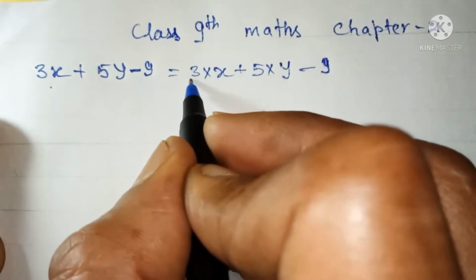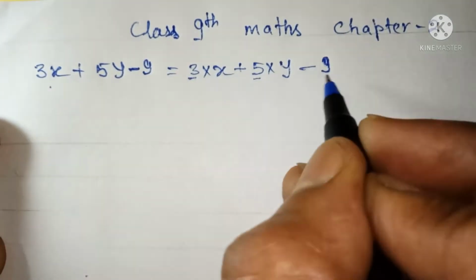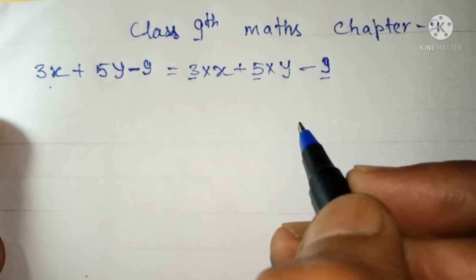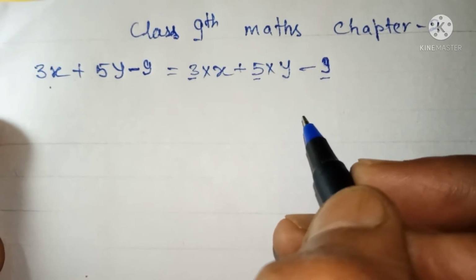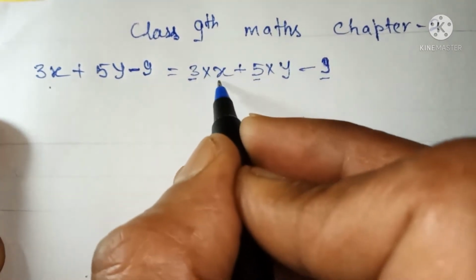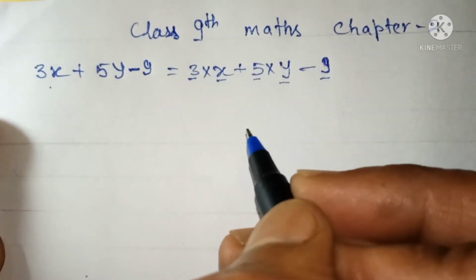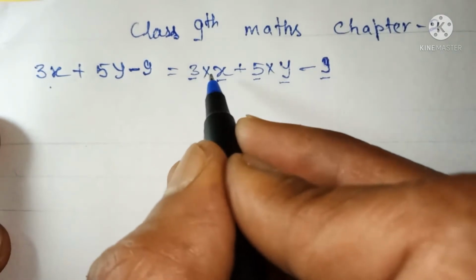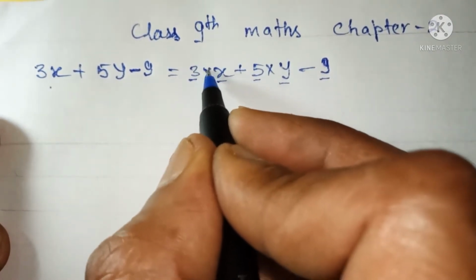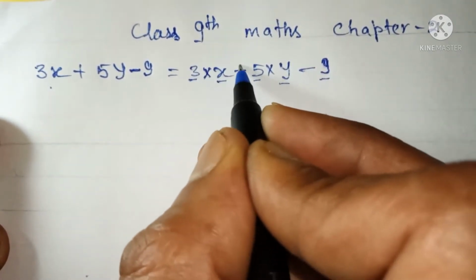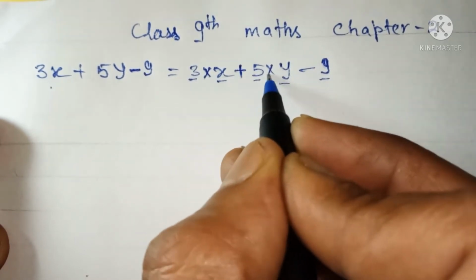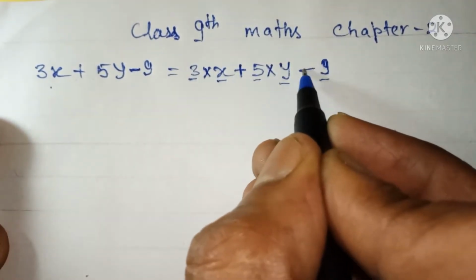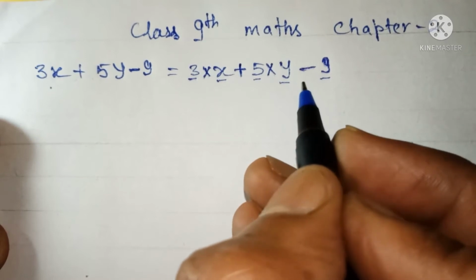Here 3, 5 and 9 are numbers, or we can say numerals. x and y are letters, and here are operation signs: multiplication, addition, and this one is the symbol of subtraction.